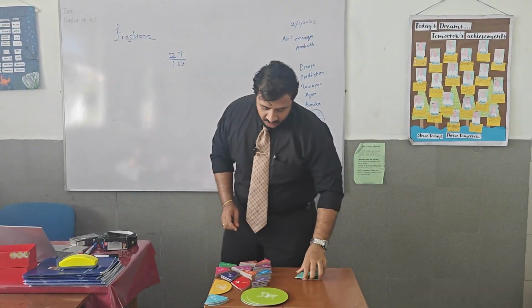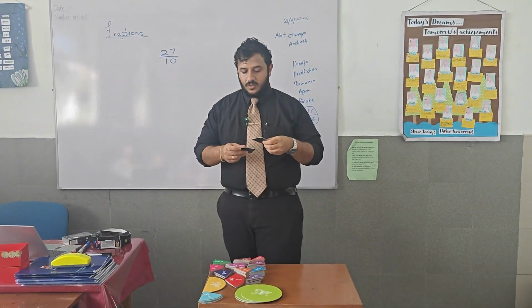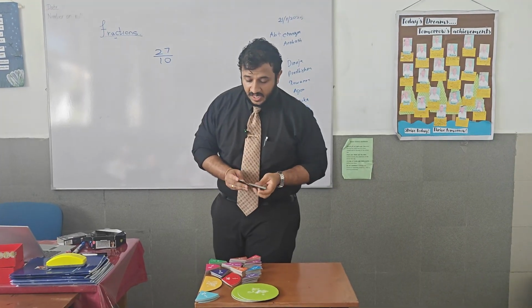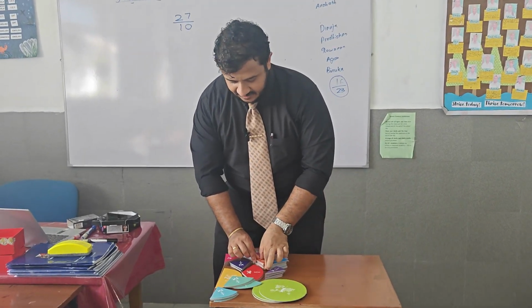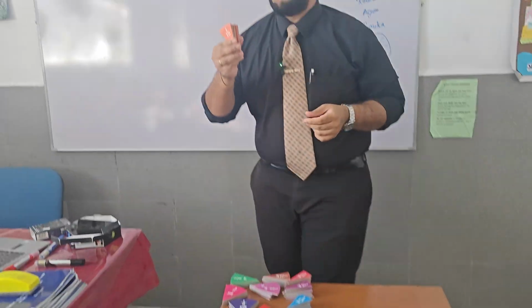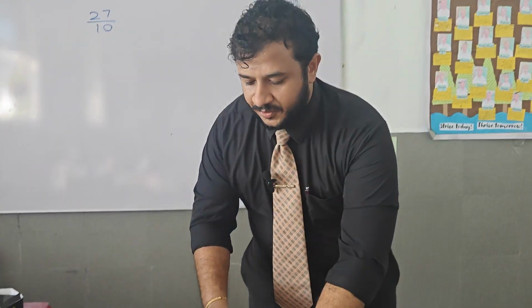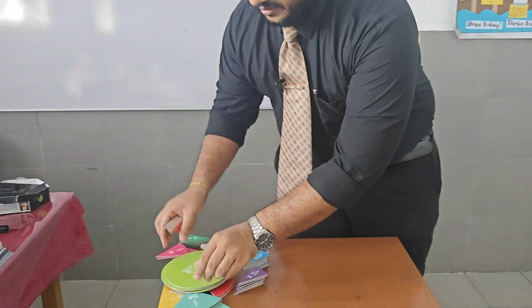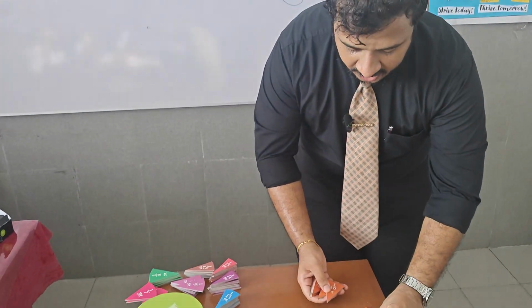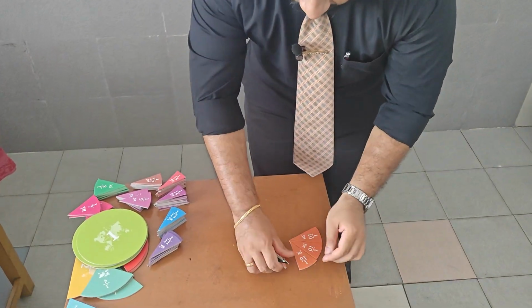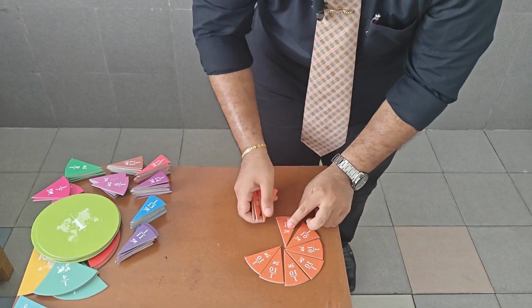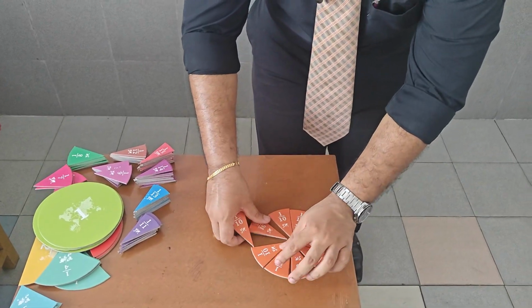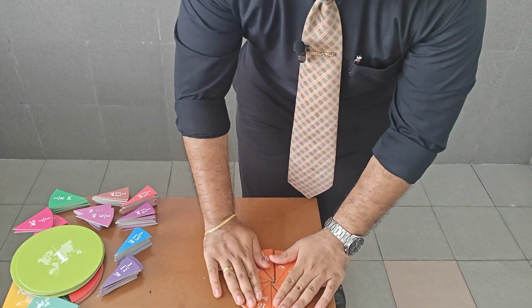So what's going to happen then? 27 out of 10 means I will need how much? Out of 10 parts. Yeah, here we go. I got out of 10 parts. So let's try to make it. 1 out of 10, 2 out of 10, 3 out of 10, up to 10 out of 10.